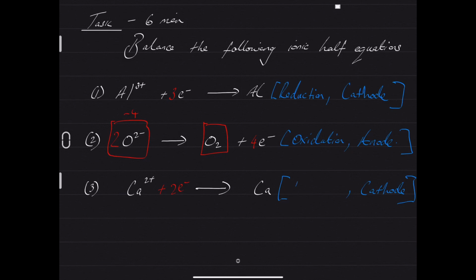So this must be a reduction reaction. So you see how you should be confident in determining where oxidation has occurred, where reduction has occurred, and where the reaction is taking place in terms of the electrode.